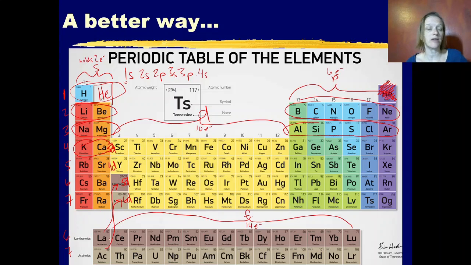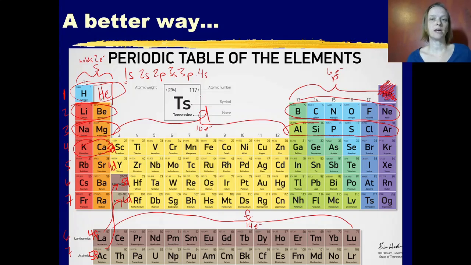So even though the lanthanide series is in period 6, we call this the 4F sublevel. These F electrons are in energy level 4, and this is the 5F energy level.